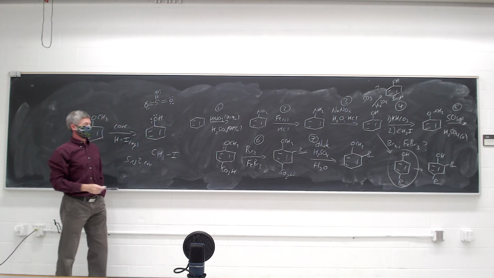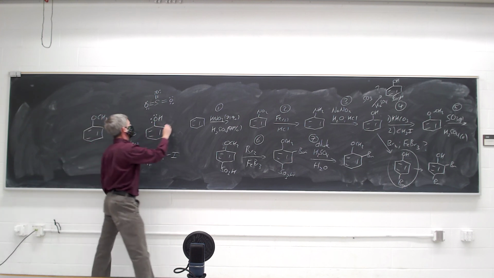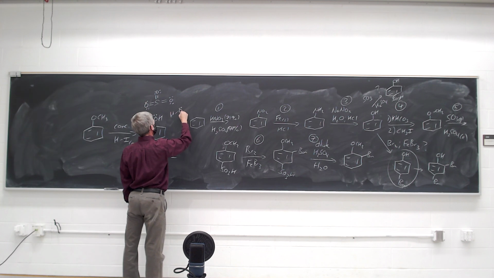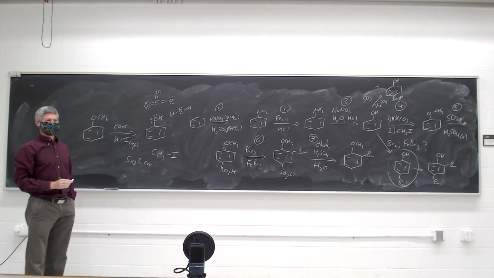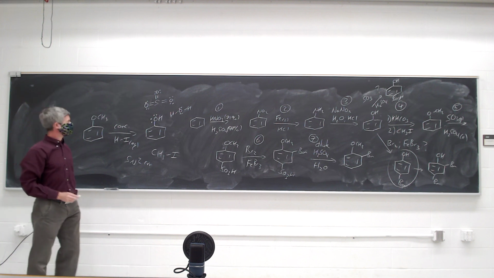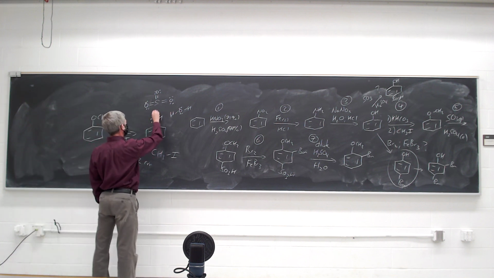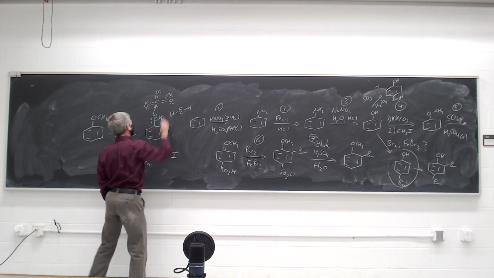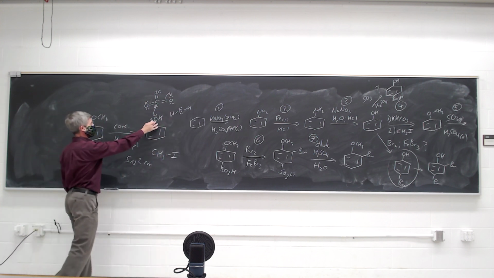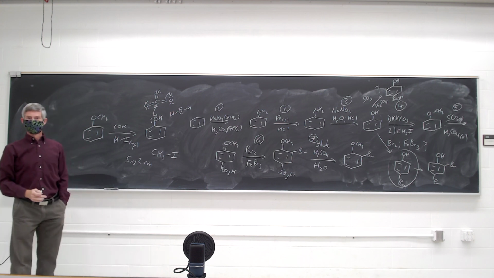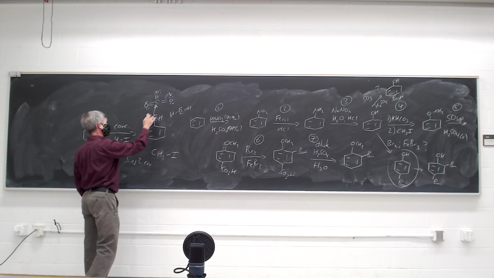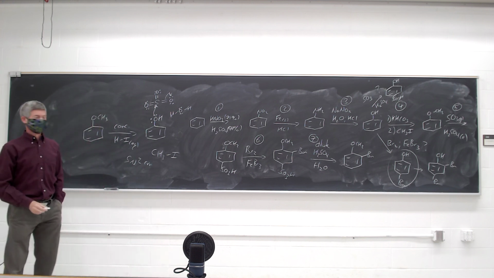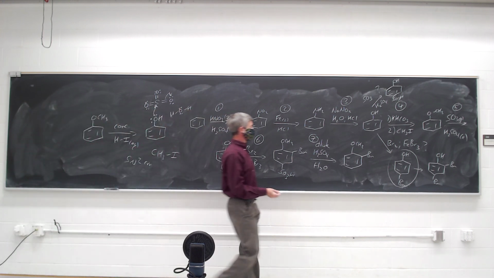SO3 is smart enough to tell the difference between this lone pair and that lone pair? No. It's going to see that lone pair, and all you're going to do is react the OH group with the sulfonic acid. Right? You're not going to get the ring to react with the sulfonic acid because these pairs of electrons are much more nucleophilic. So it's not possible to directly sulfonate phenol.